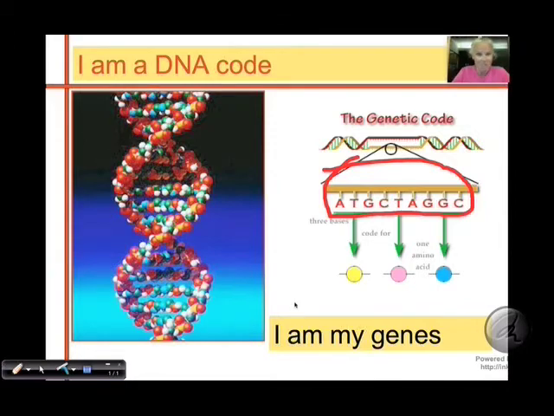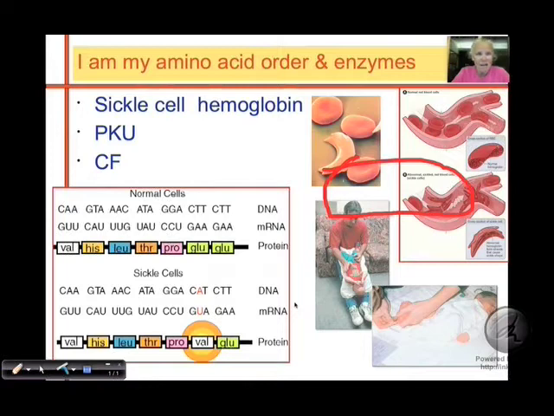That's certainly my biology. I am my amino acid sequence and I am my enzymes. Those genes are coding for the sequences of amino acids that make up my proteins, that make up my enzymes, that control everything that goes on in my cells. So, for example, here's a little bit of a DNA code that's making up a hemoglobin molecule, codes for the messenger RNA that codes for the sequence of amino acids making up the hemoglobin protein.